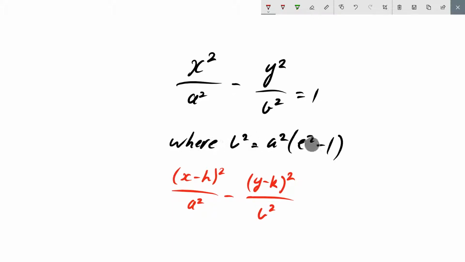And b squared is still equal to a squared lots of e squared minus 1. What this does, it will make the hyperbola reposition itself so that the center will be at h comma k. So wherever h comma k is, that's where the center of the hyperbola is.